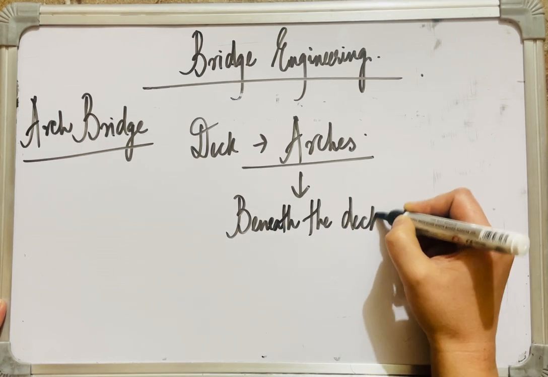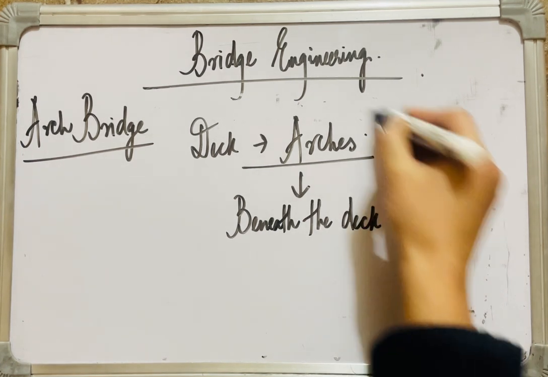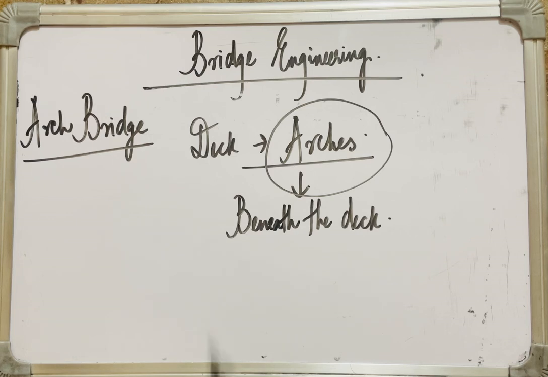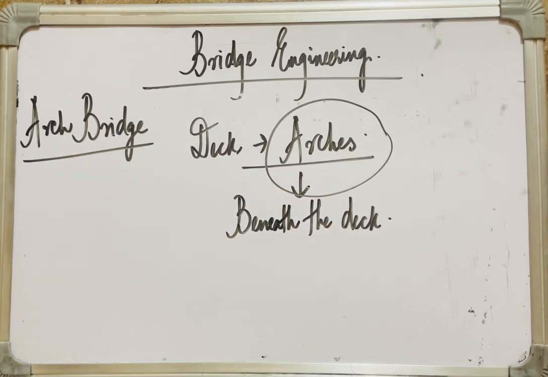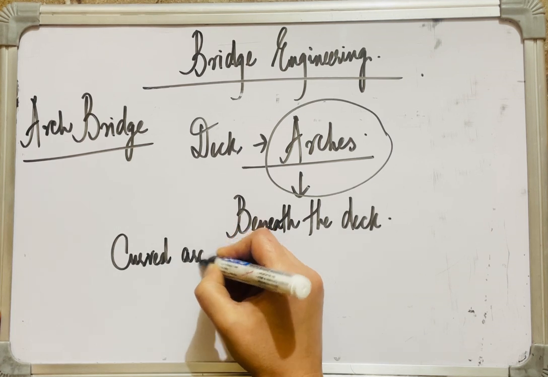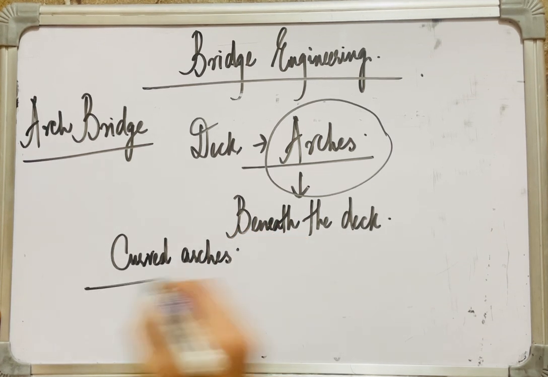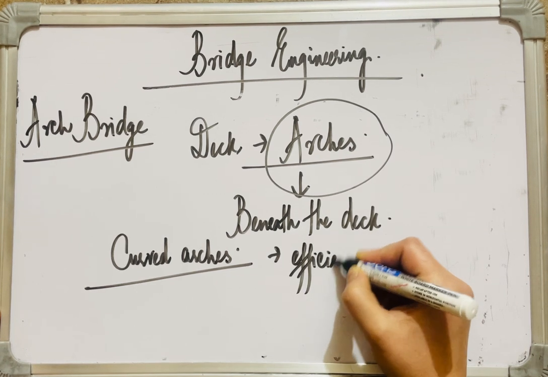All right, so in case of arch bridge, the main structural component that is used are these arches. That means the deck in case of an arch bridge is supported by means of various arches, one or more than that, and these arches are essentially placed beneath the deck, and the curved shape of the arches has the capability of transferring the loads efficiently.